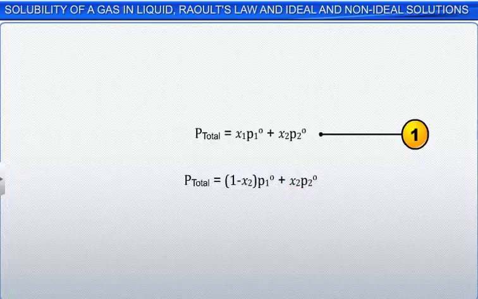Let this be equation 2. In the equation thus obtained, we can see that P total is a linear function of mole fraction x2 as P1 naught and P2 naught are constant at a particular temperature.